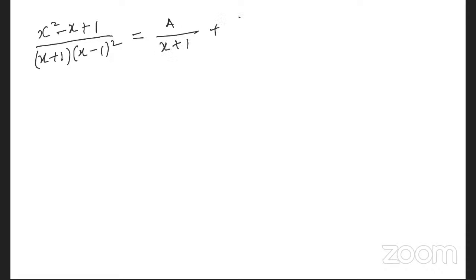So the LHS you have is x square minus x plus 1 divided by x plus 1 into x minus 1 whole square is equal to, I'll write the step again so that it will be easy for you to calculate from 1: a by x plus 1 plus b by x minus 1 plus c by x minus 1 whole square.